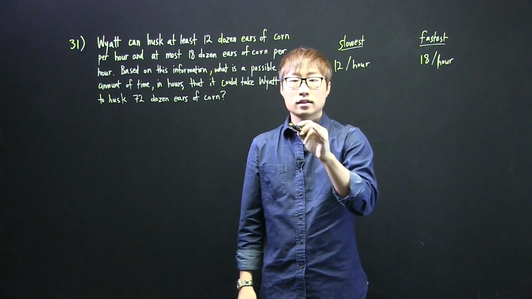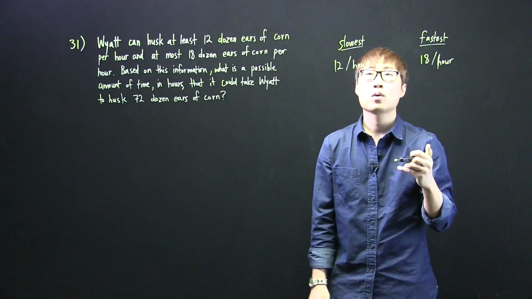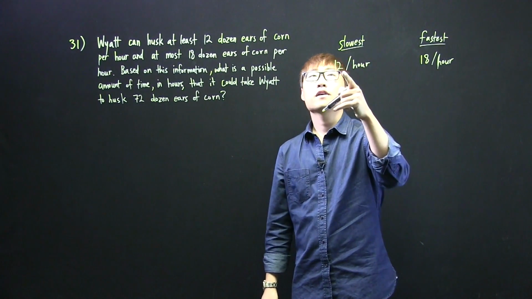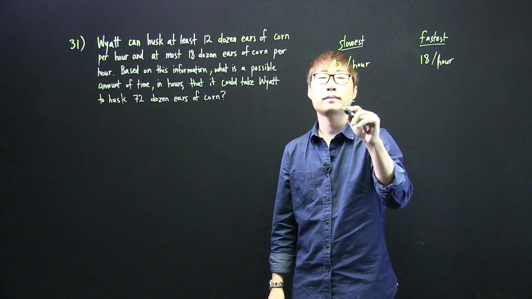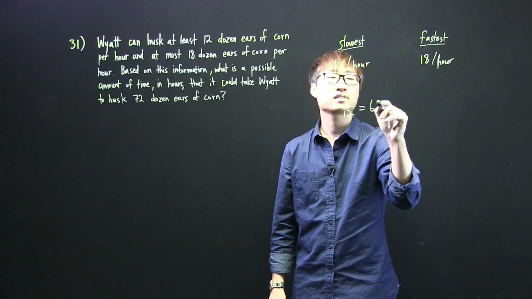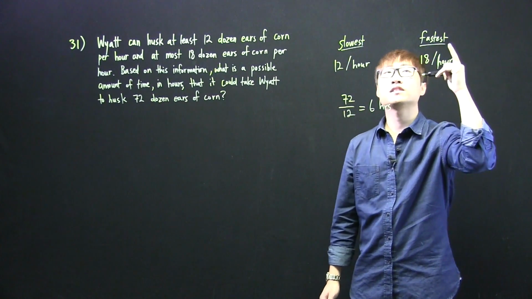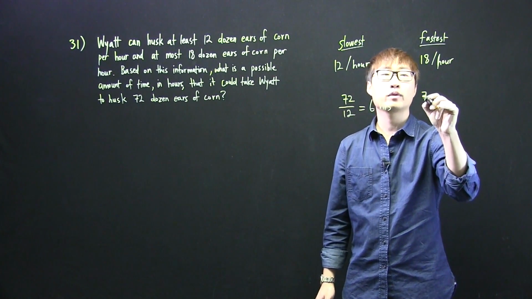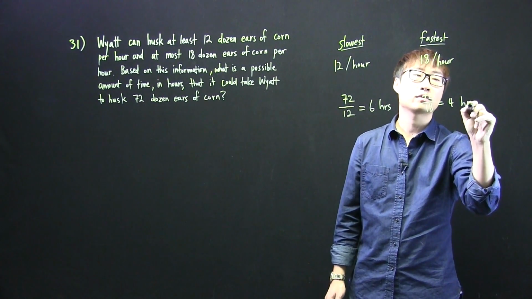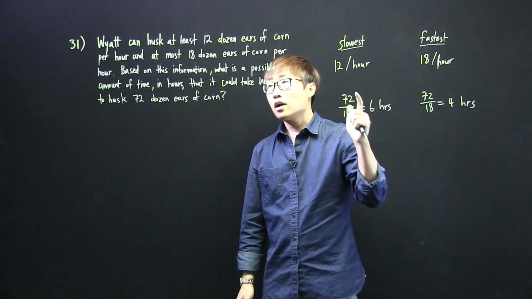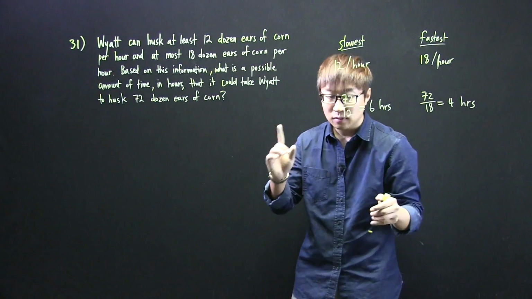So he's got 72 dozens to go, which means if he goes at the slowest rate, we will do 72 divided by 12, which will give him 6 hours to work on. And if he finishes at the fastest rate, we will do 72 divided by 18, which will give you 4 hours, right?